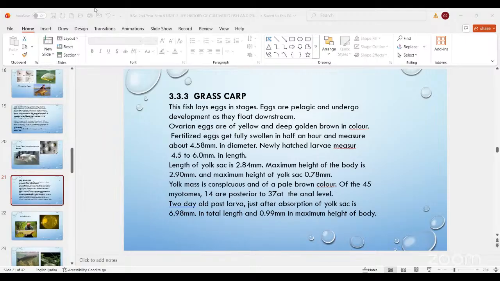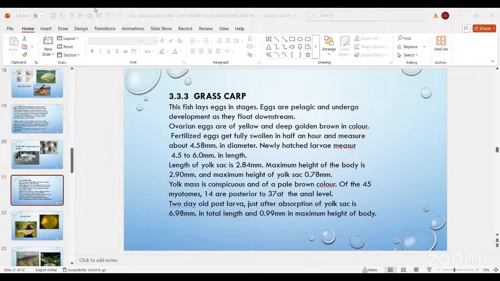Length of yolk sac is 2.84 mm. Maximum height of the body is 2.90 mm. And maximum height of yolk sac is 0.78 mm. Yolk mass is conspicuous and of a pale brown color. Of the 45 myotomes, 14 are posterior to the anal level.